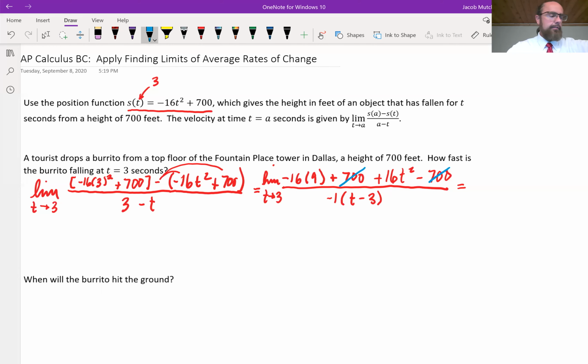So what I've got left at this point is simply the limit as time approaches 3 of, and then I'm going to switch these places, 16t squared minus 16 times 9, which is going to give us a larger number, but I'm going to leave it undistributed.